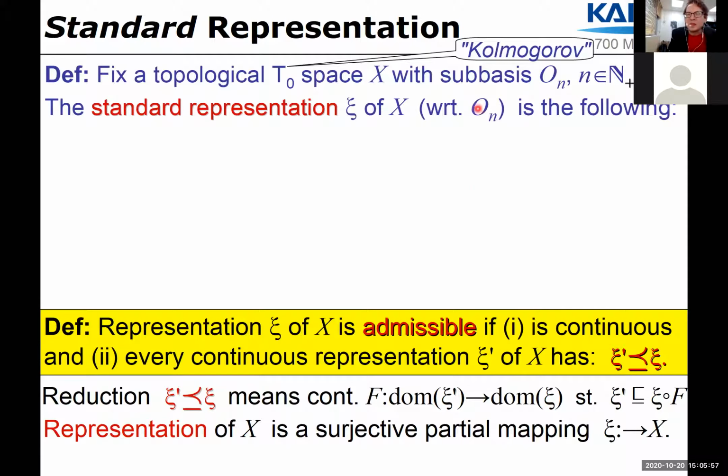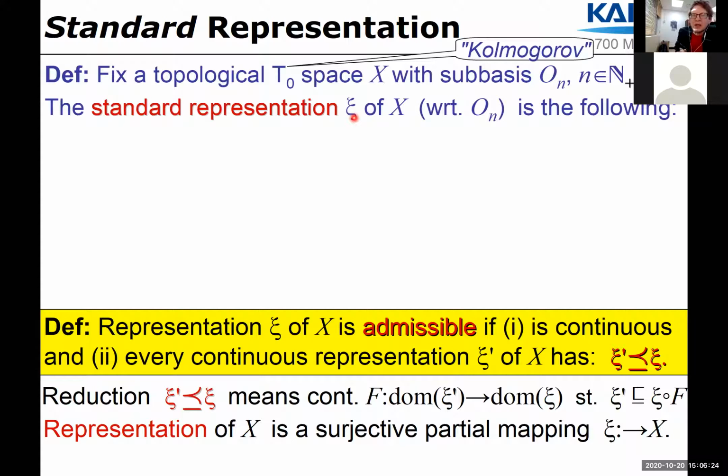So if we take a different subbase that generates the same topology, then we might end up with a different representation, which may or may not be, well, actually it turns out that it will also be equivalent, reducible back and forth, because we're going to prove that any standard representation first exists and secondly is admissible.